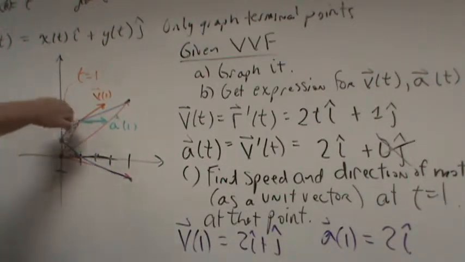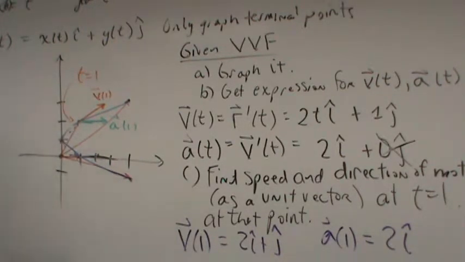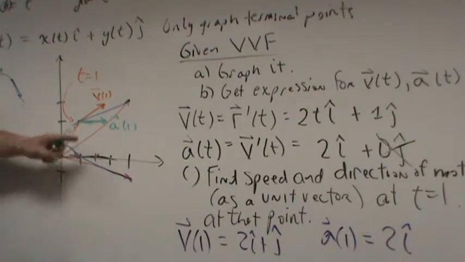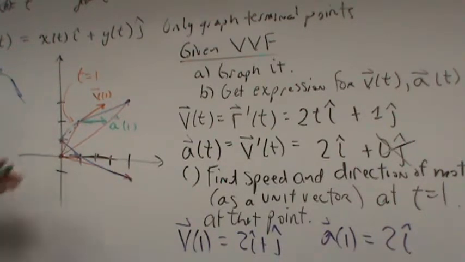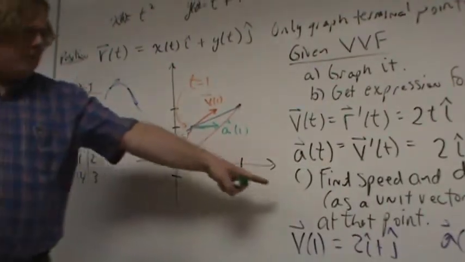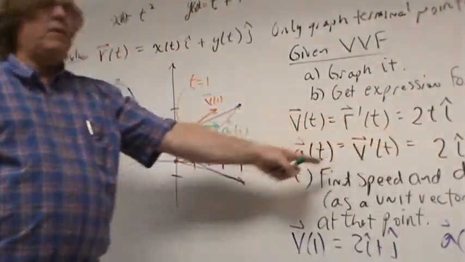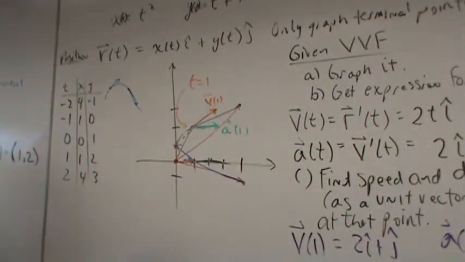Okay, but relative to the graph, if I drew the graph like this and the velocity vector goes like this, or like that. Tangent. Yeah. Your velocity vector will always be tangent to your graph, because it is the first derivative. You're plugging into the first derivative. So it'll be tangent to the graph.